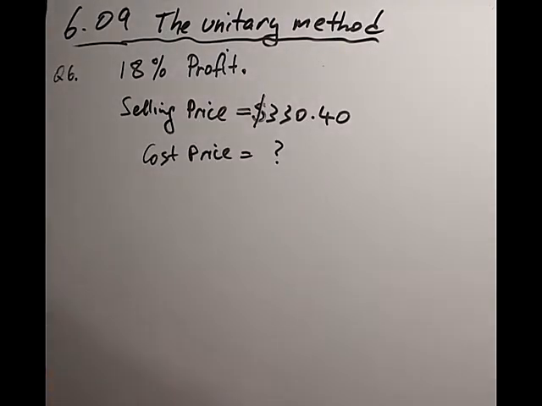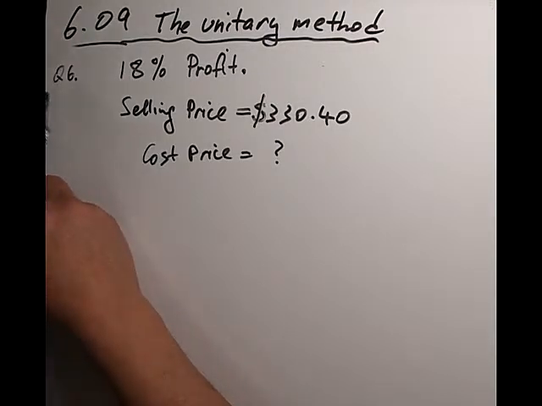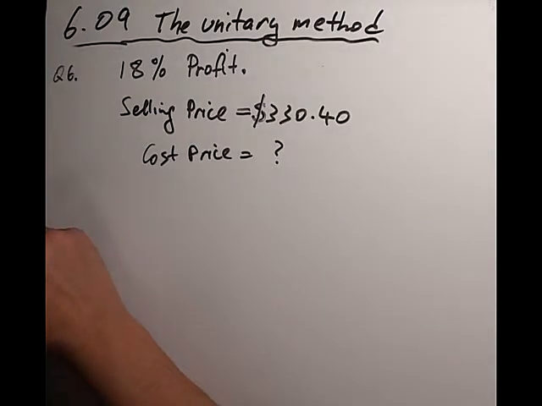So now let's use the unitary method to solve this question, which is question 6 of exercise 609. If you look at your book at this question, it will help you to follow what the question is actually asking. I'll read it out.